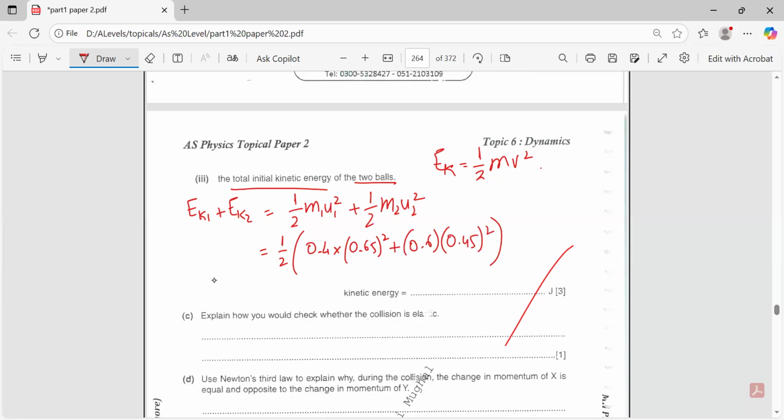So when this whole expression is solved, we end up with the total energy as 0.15 joule. So this is how we find the total initial kinetic energy of the two balls. Is this fine?